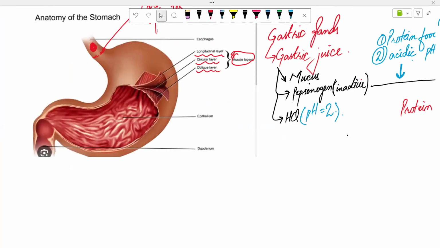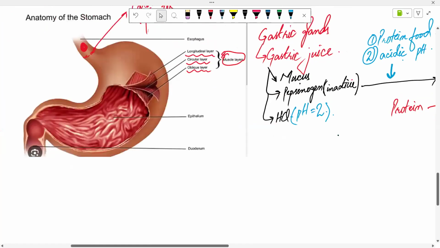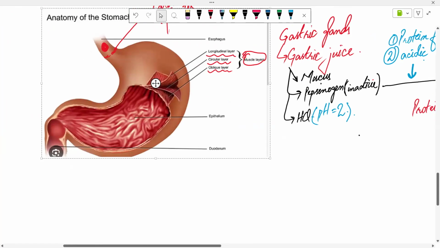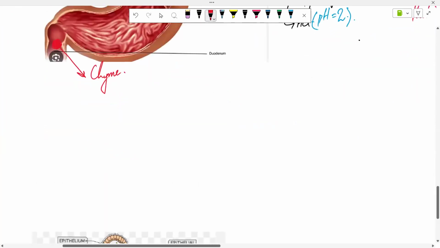And after digestion with the help of pepsin enzyme and mixing with the HCl and mucus, it leaves the stomach and enters the duodenum. And at this point, this is known as chyme. Chyme enters the small intestine.